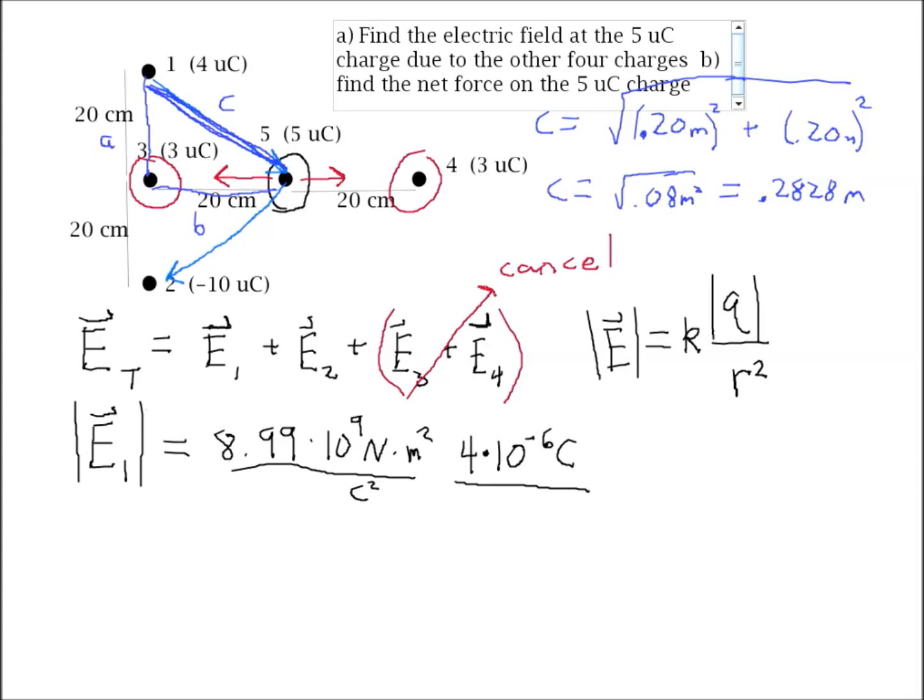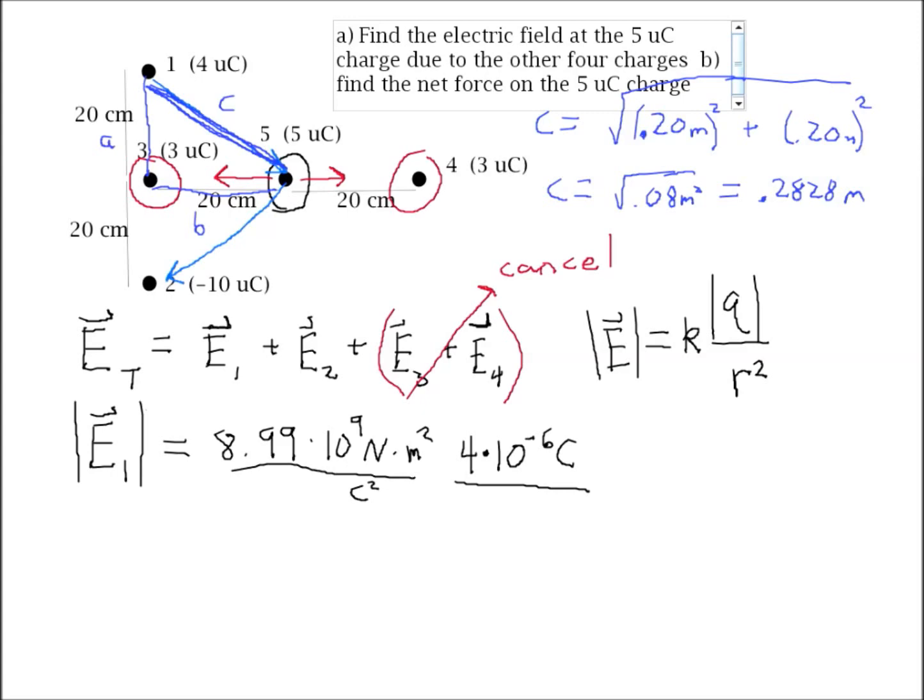I'm going to keep extra digits throughout this calculation. I'm going to keep 4 digits in all of my calculations, and then we can round off at the end. But if you round off too soon, you're likely to have a round off error at the end. So we'll just keep some extra digits in the intermediate part of this calculation.